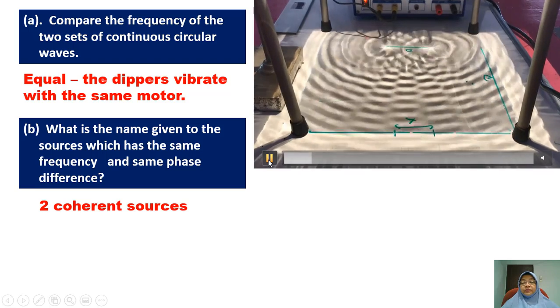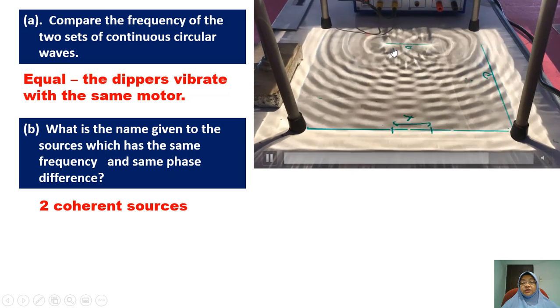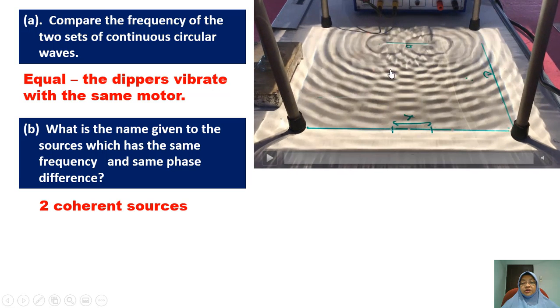So this video shows the interference pattern from two dippers in the water wave. It's a very nice pattern, right? This is what we call constructive interference, and the line here is what we call destructive interference.